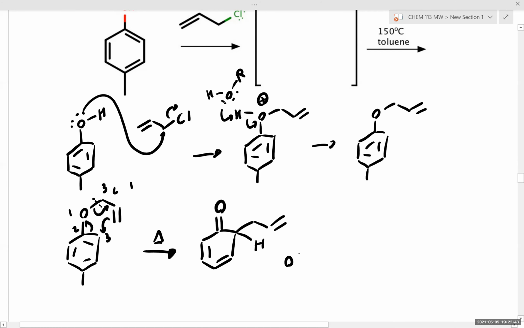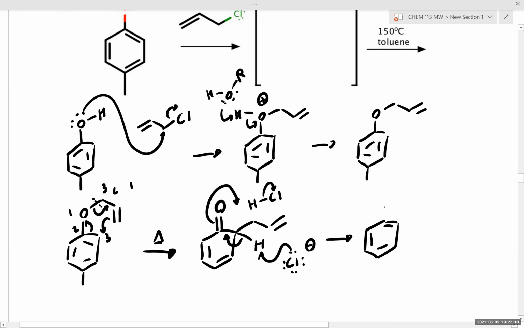In this case, we can lose a proton and protonate our carbonyl oxygen, and that tautomerizes our ketone to the more stable aromatic enol form in this case.